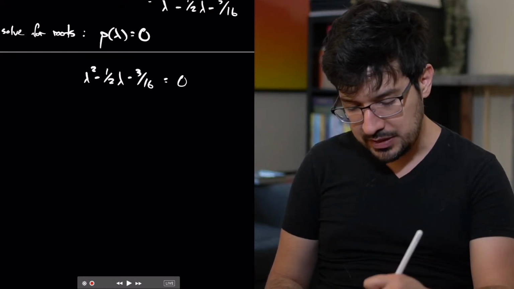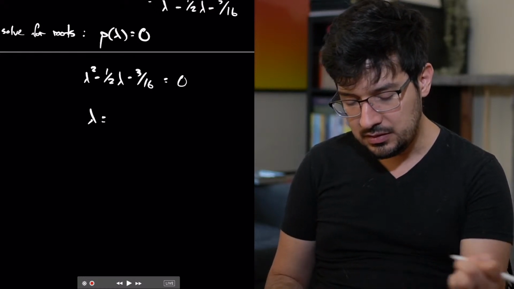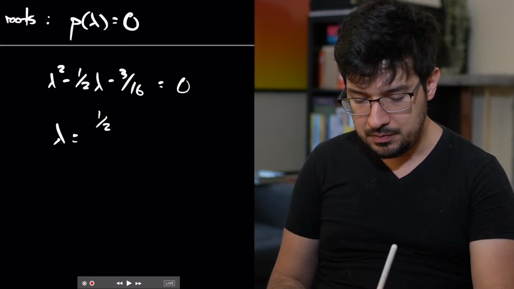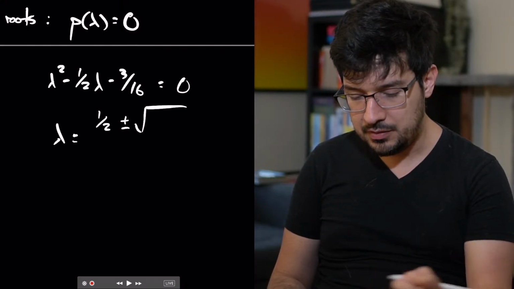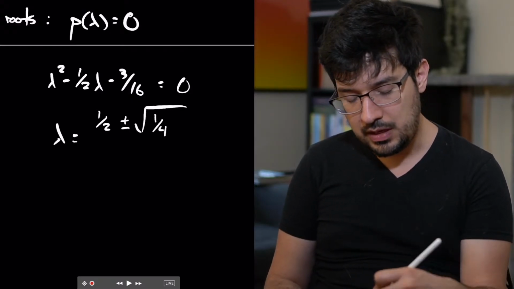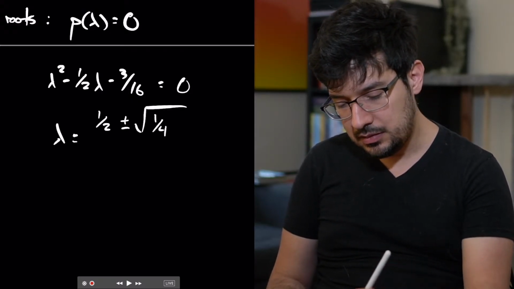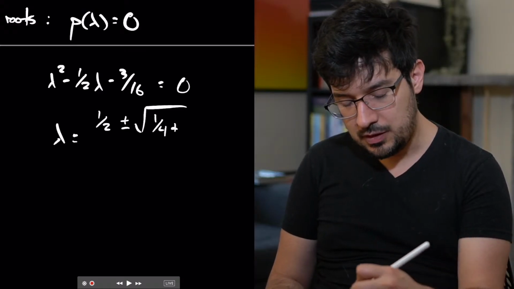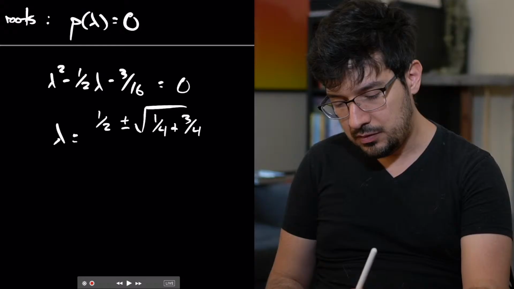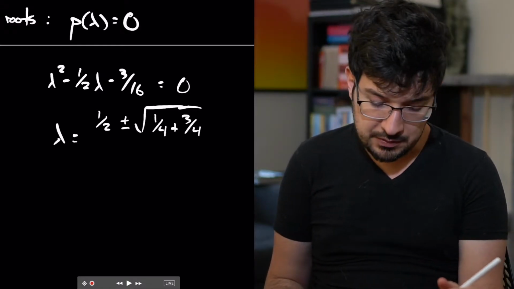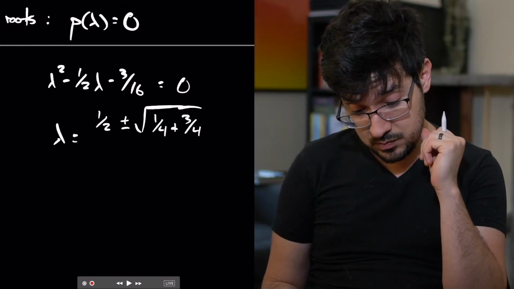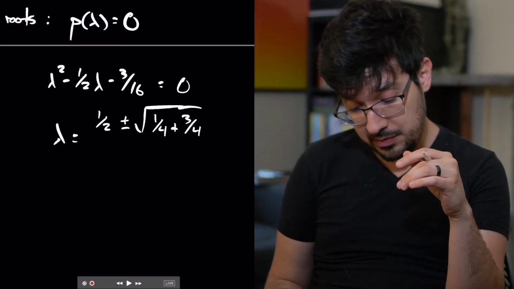Let's just go straight to our original plus and minus the square root of b squared minus 4ac. 4 times a times c is 3 divided by 4.